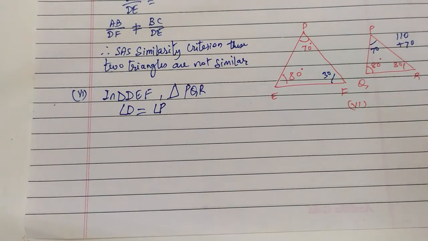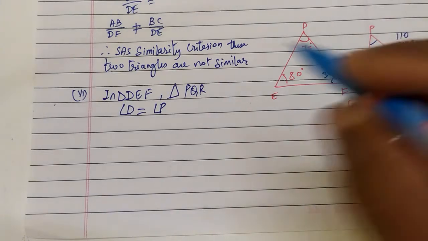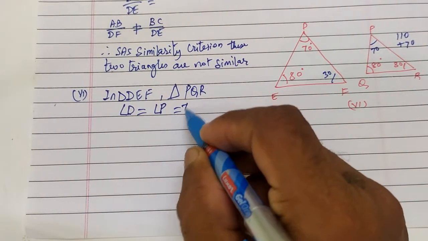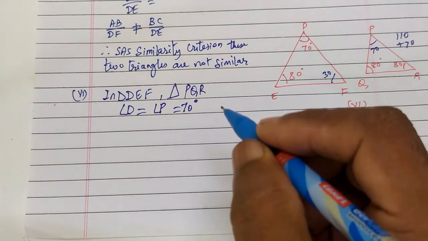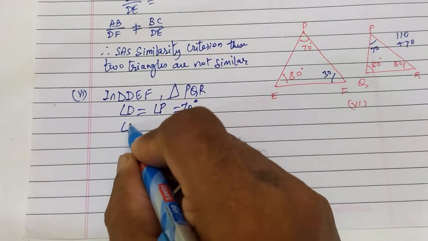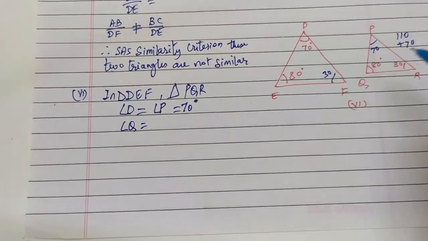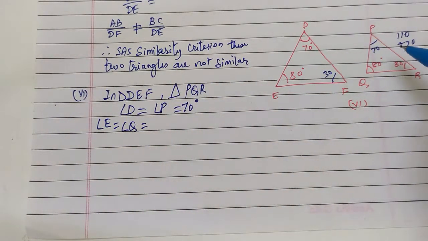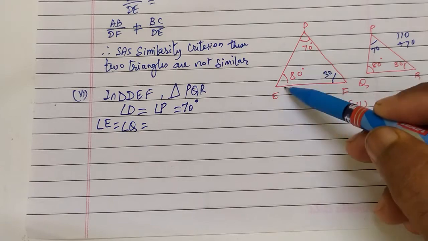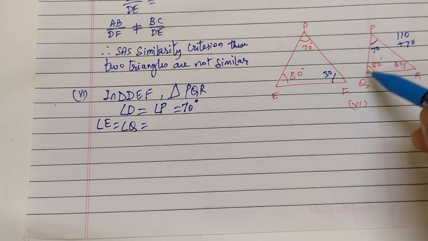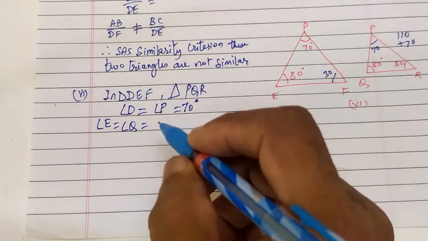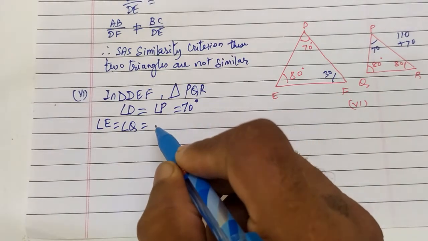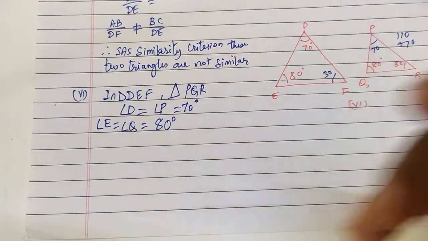Therefore we have been given two angles. So angle D is equal to angle P is 70 degrees, and angle E equals angle Q. Angle E here, and angle Q is 80 degrees.